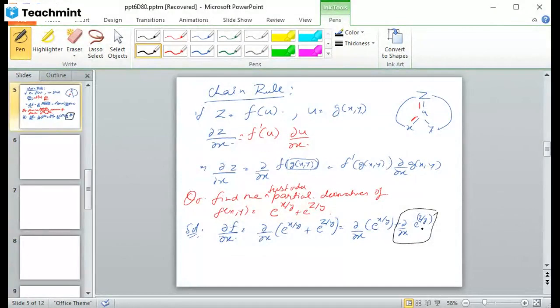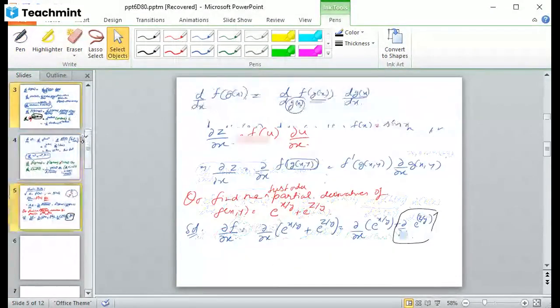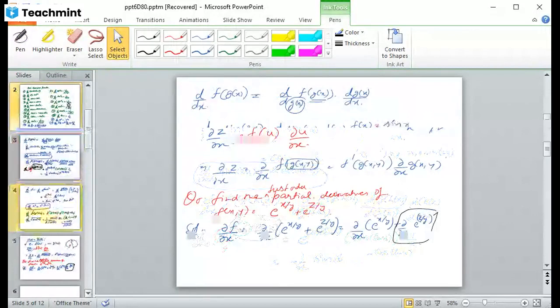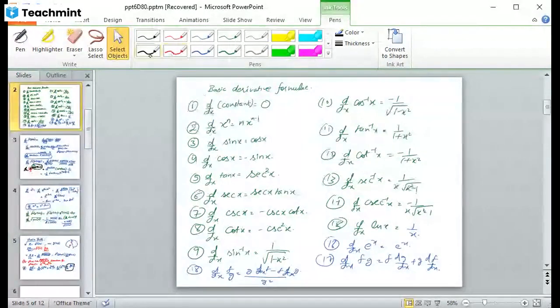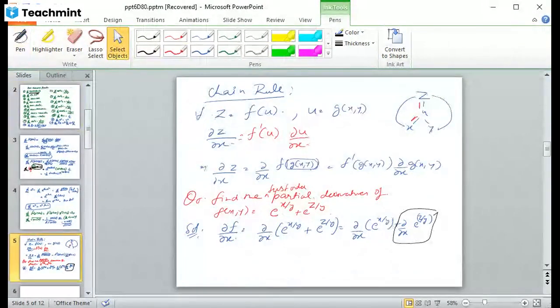What is the derivative of a constant? We have studied the properties of the derivative, and we discussed that the derivative of a constant function is always zero. This is the very first property. So because this function is constant, its derivative is zero.